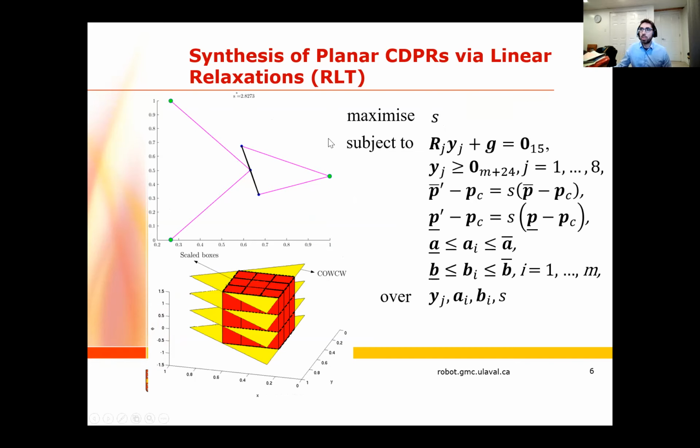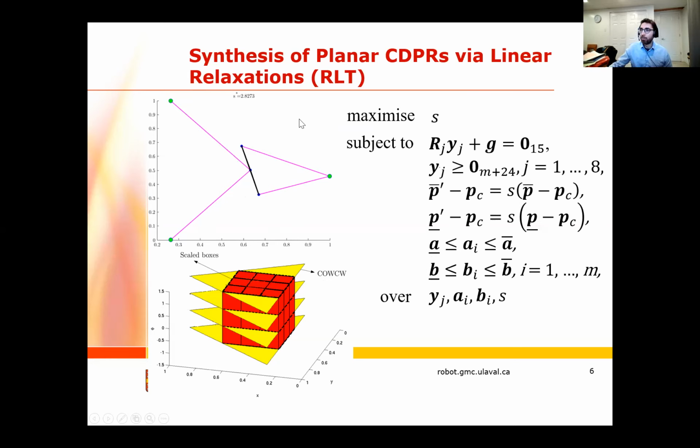This is one example we got with 4 cables for a planar cable robot. We have 27 boxes there because it's 3 by 3 by 3. And we get this type of nonlinear program, which we need to solve. We worked on the scale of those boxes; we maximized the scale S of the boxes in this problem. And we ended up with this strange but, if you think about it, a bit logical geometry for a cable robot.